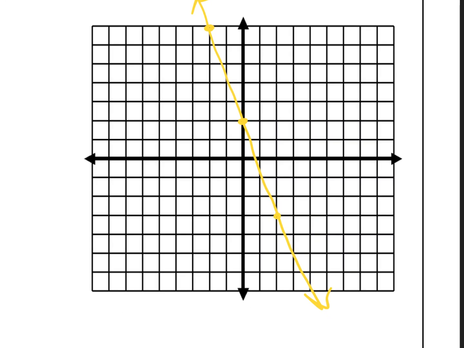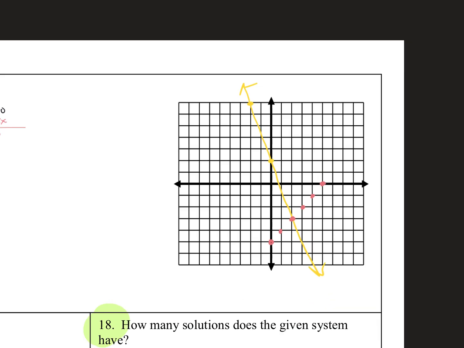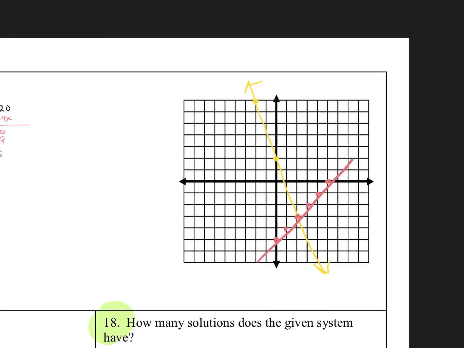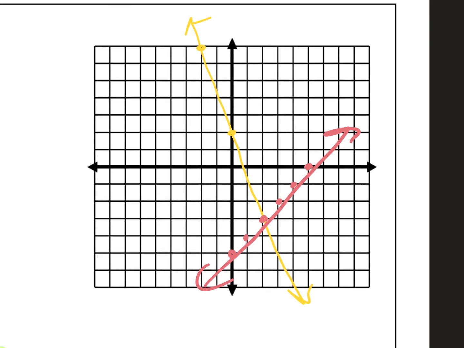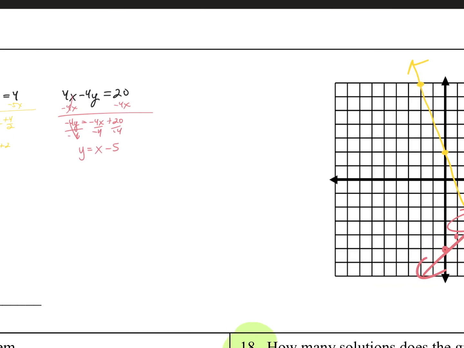So 1, 2, 3, 4, 5, then 1 over 1, 1 over 1. It's x minus 5, right? Yep. And for the other one, did you get y equals negative 5 over 2x plus 2? Yep. So my solution is at positive 2, negative 3.